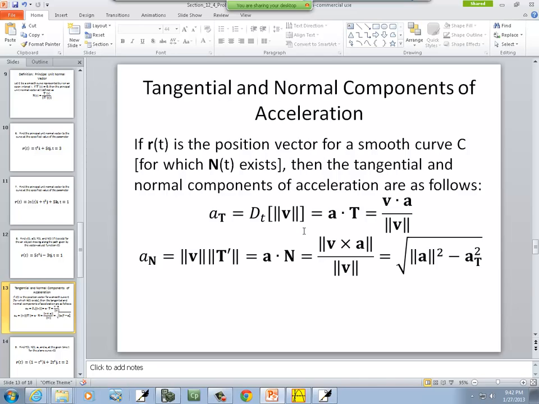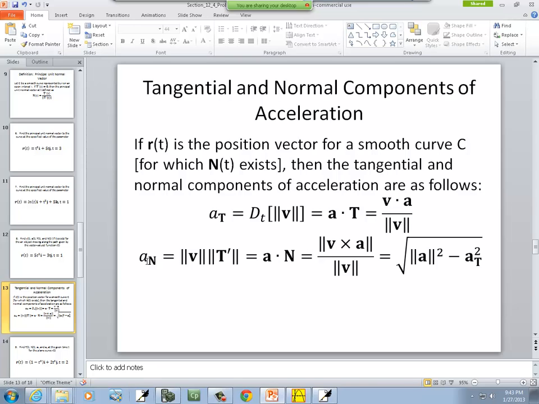Okay. Well, we've got some other formulas to help us find the acceleration components, the tangent and the normal. For the tangent, when you get a tangent vector, you can find it using these formulas: the dot product of v and a divided by the magnitude of v.